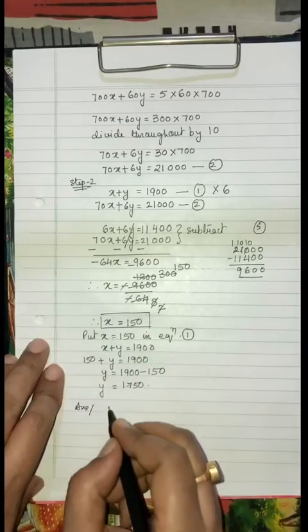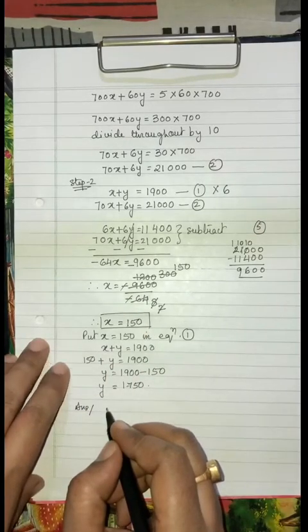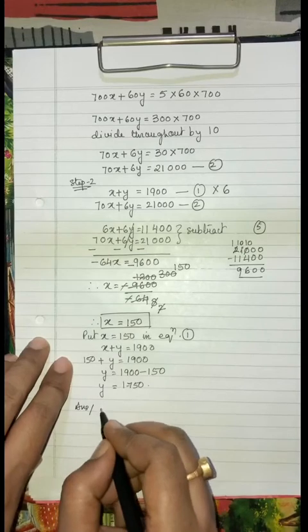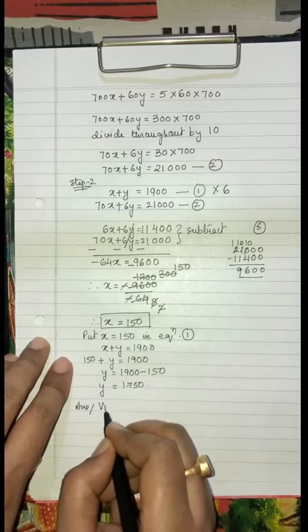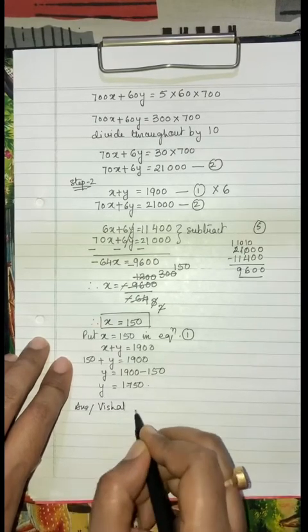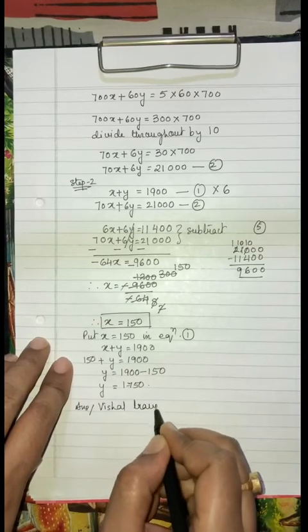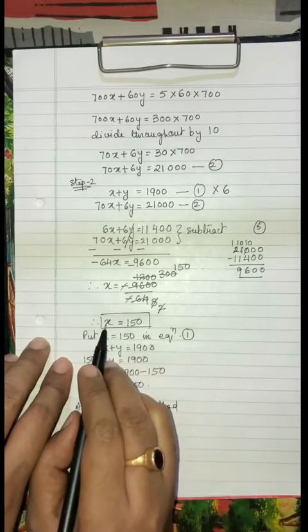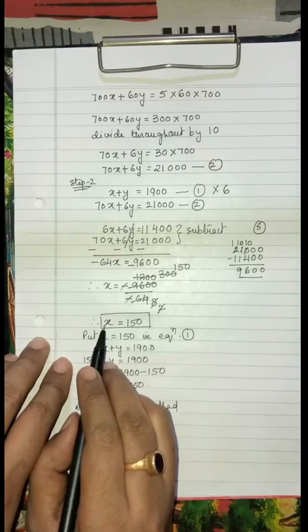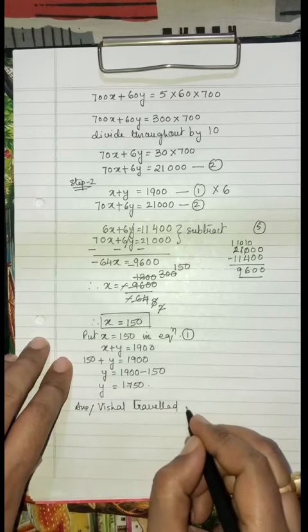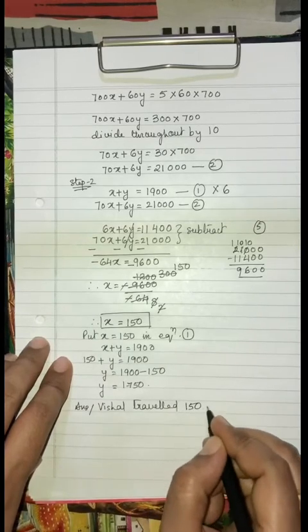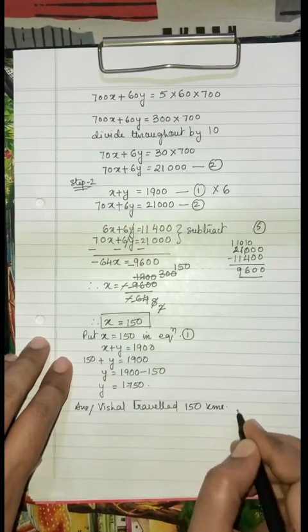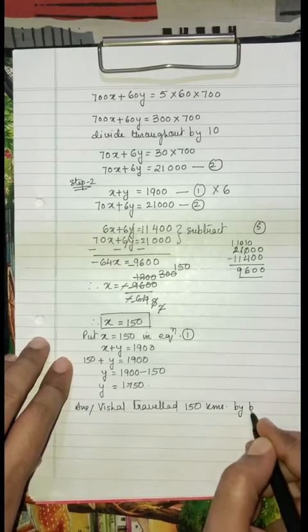Find the distance travelled by bus. By bus means Vishal travelled. We have taken, children, x as the distance travelled by bus. So Vishal travelled 150 kilometers by bus.